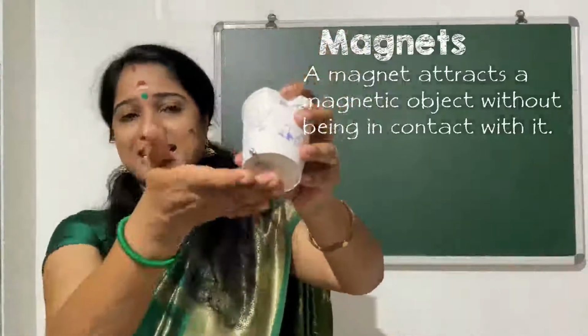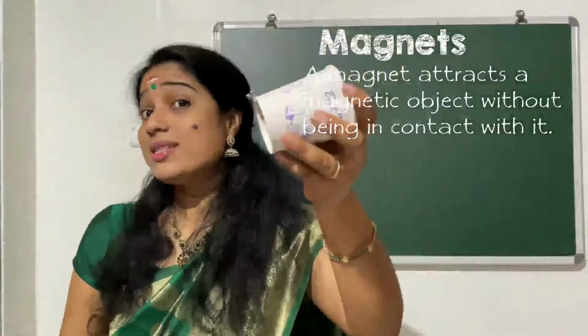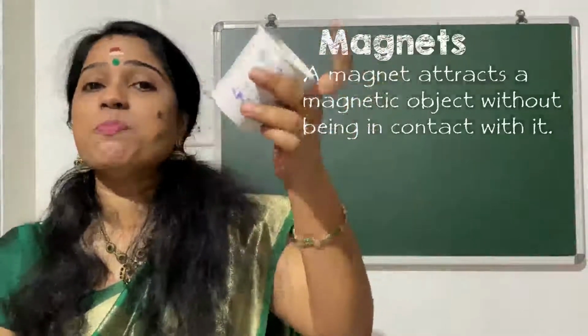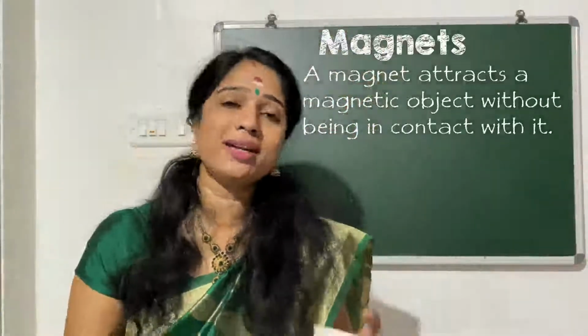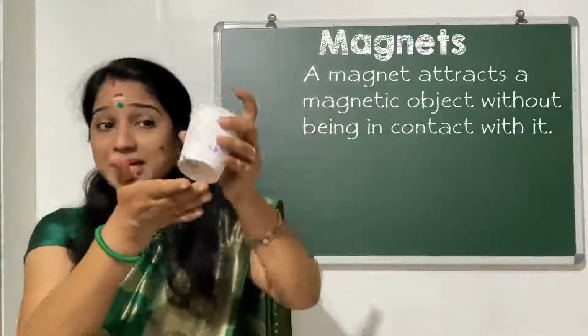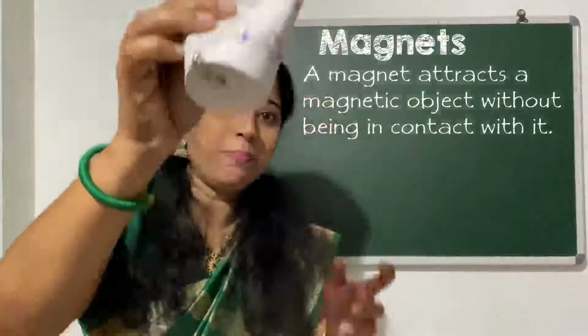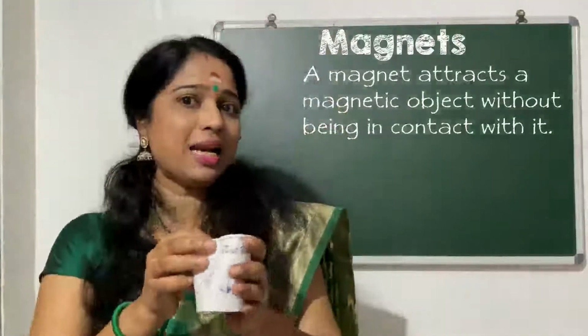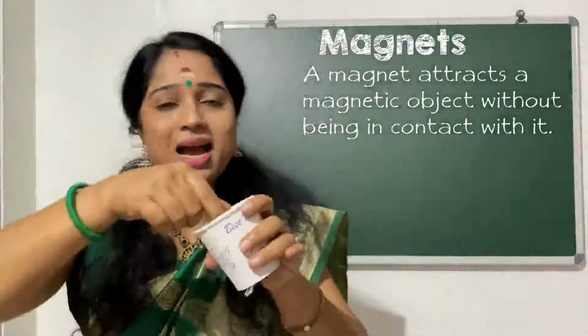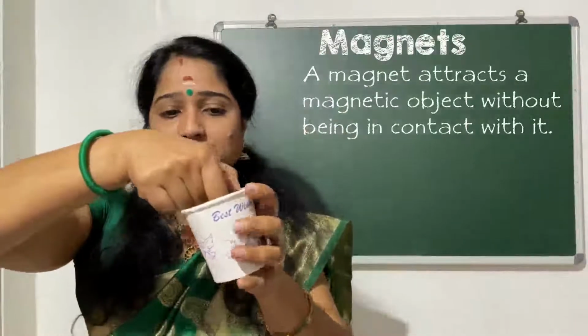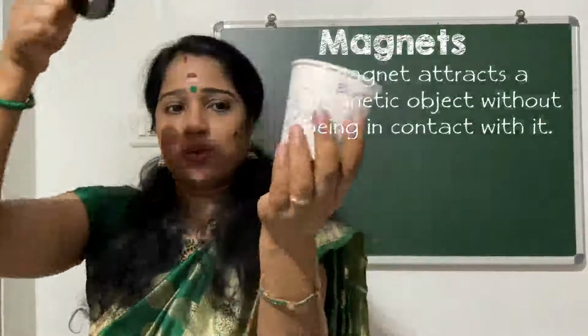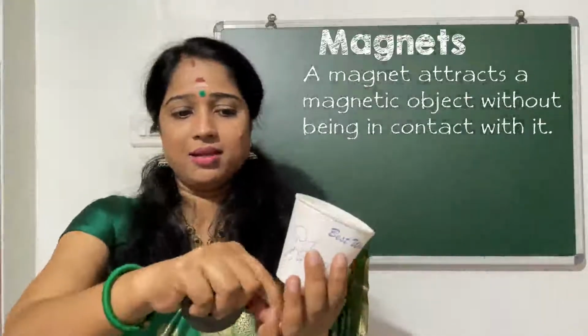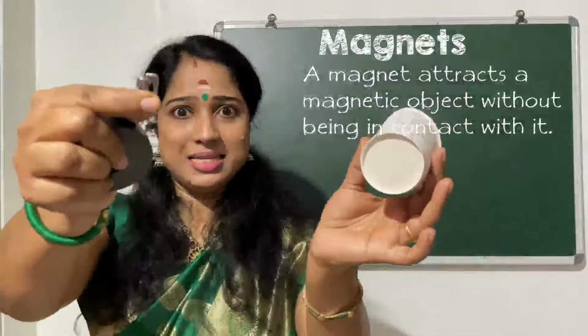Yes, the pin gets attracted towards the magnet, but this magnet is not in close contact with the pin. The pins are in contact with this paper cup and the magnet is inside it. But when I try to remove the magnet, see what happened? The pins are getting separated.